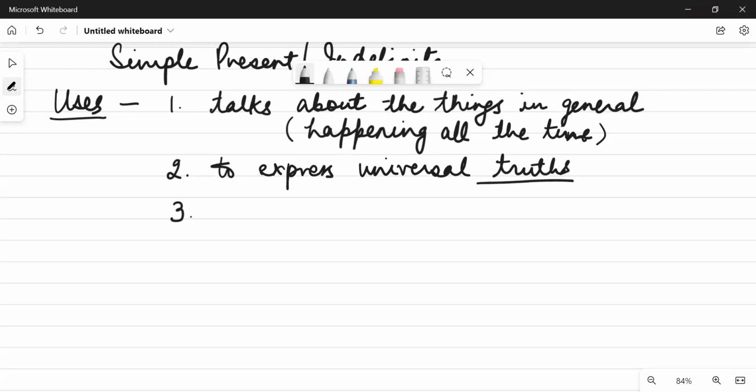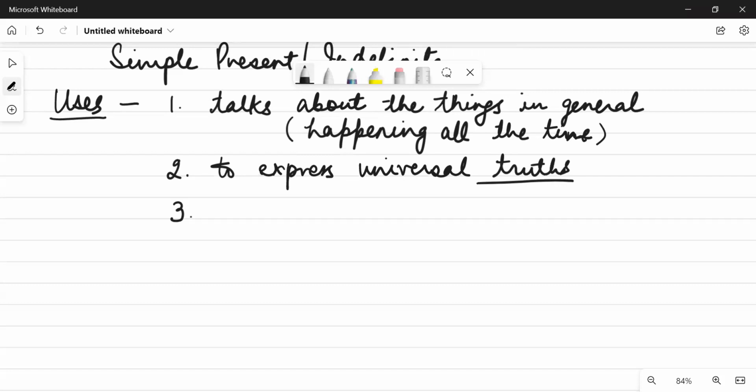Now, sometimes we use it for proverbs also, when they are of permanent truth. So proverbs which have the force of permanent truth also use simple present. And yes, to express natural qualities or professional activities, these are things in general.